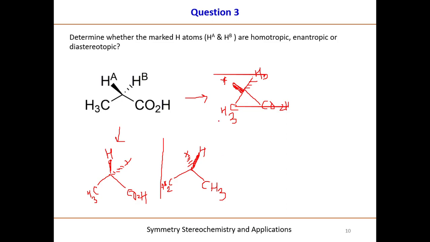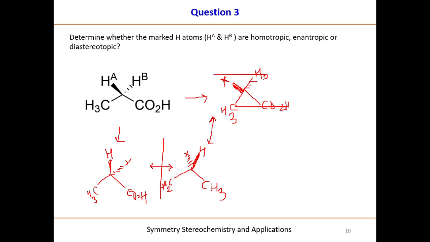If you compare these two images of the molecule, you will observe that these two are nothing but the similar molecule. You just have to rotate by 180 degrees. If you rotate this molecule by 180 degrees, you will observe that this and this molecule are the same. But this and this molecule are not the same.